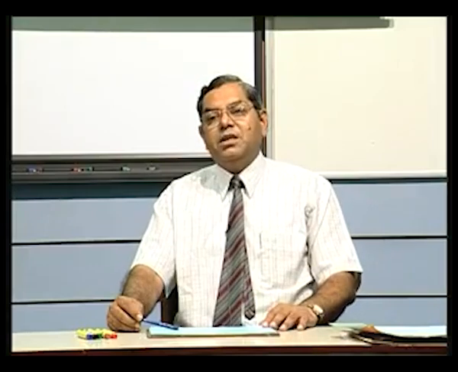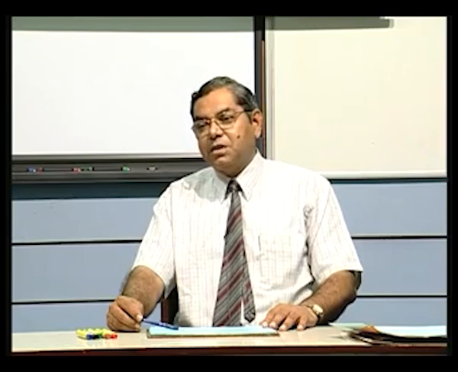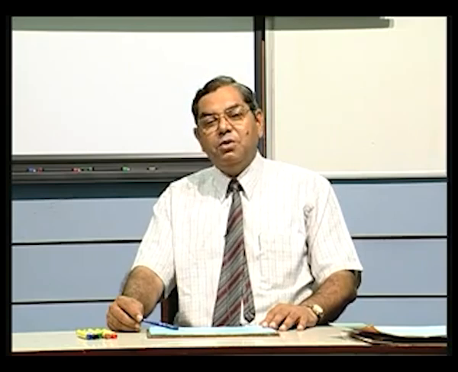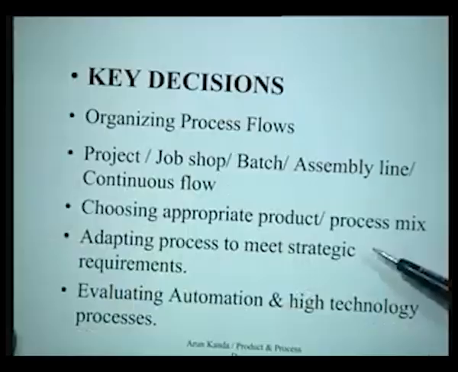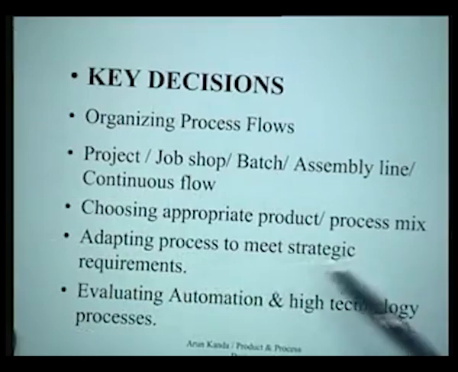What may happen is that you have a competitor who has introduced certain features in the model of his car. You might want to introduce more features or something. Now what we are trying to say here is that your processes should be flexible enough to be able to accommodate these changes in the design and adapting the process to meet these strategic requirements which are necessary.